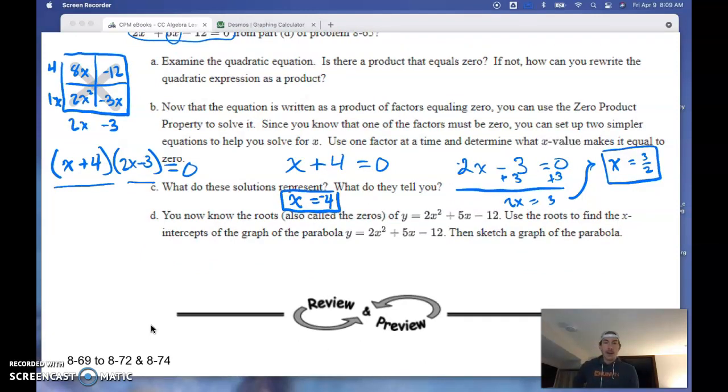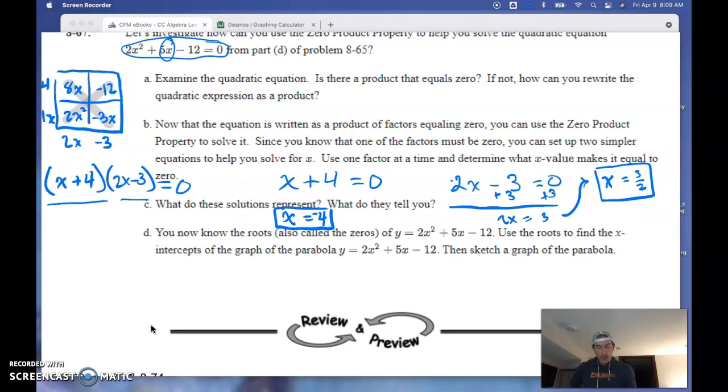Okay? And this is true for, I'm going to back up here to the initial onset of the problem, for when y was 0. So what in the heck do these 2 solutions represent? Well, folks, ladies and gentlemen, these solutions represent the x values that make my equation true when y is 0.